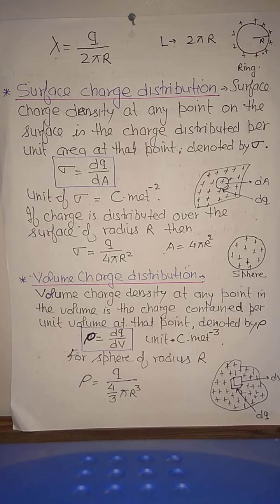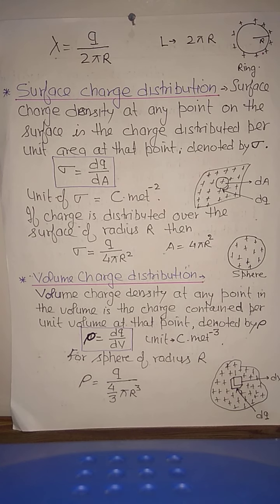Clear? No doubt? Right. Next topic is surface charge distribution. If the charge is uniformly distributed over a surface, this will be surface charge distribution. Right? And what will be the surface charge density? This is the important point.